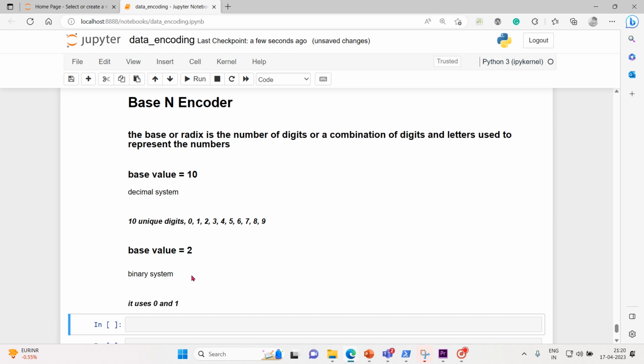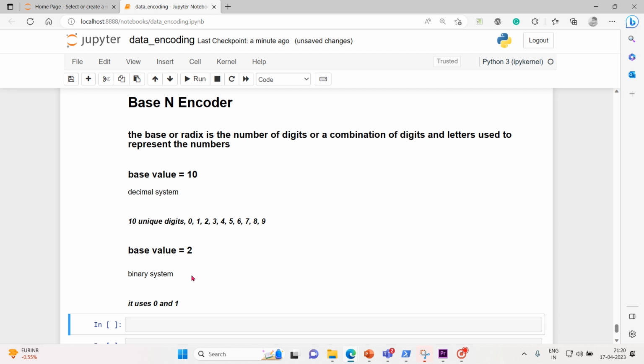Next, for binary encoding, the base is 2, which means it converts the numeral values of a category into its respective binary form. If you want to change the base of the encoding scheme, you may use base N encoder.